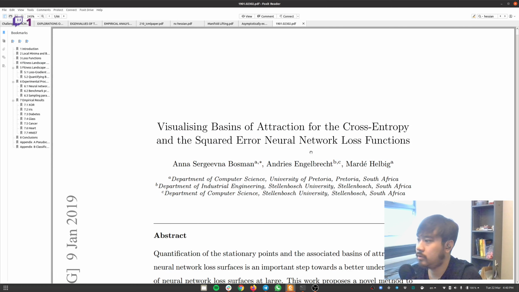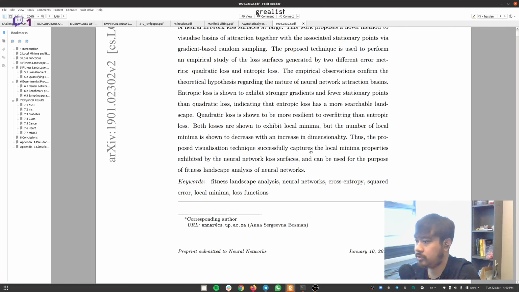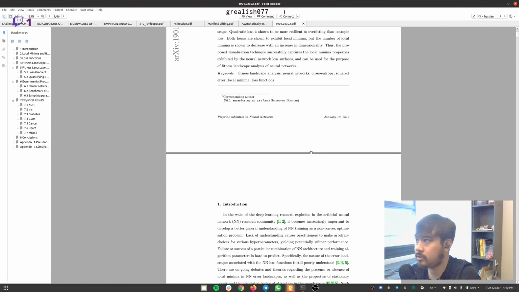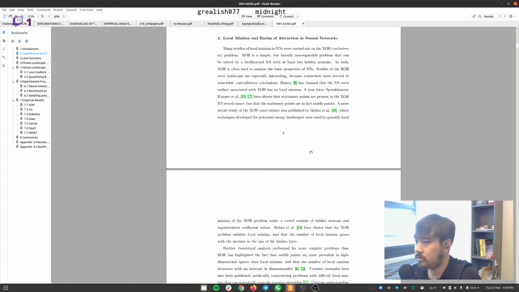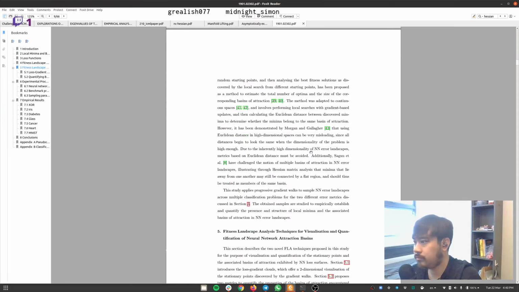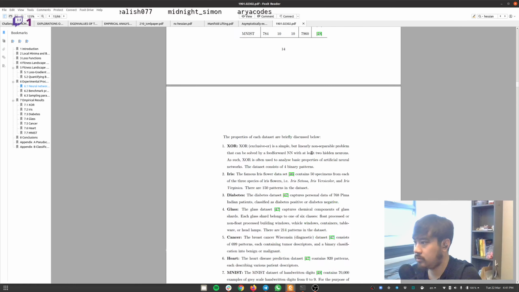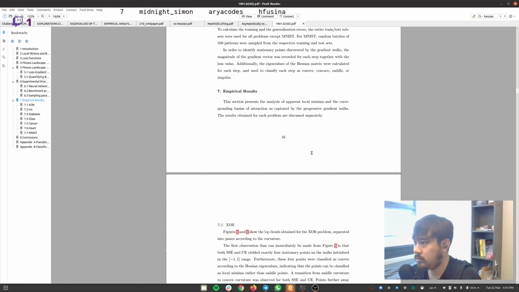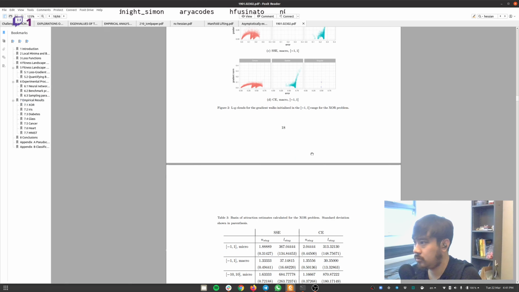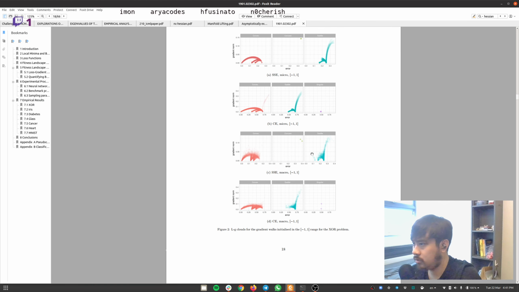Okay. Visualizing the basin of attraction. Good. Holy, 66 pages. Okay. Show me a picture, please. What? Gradient norm?